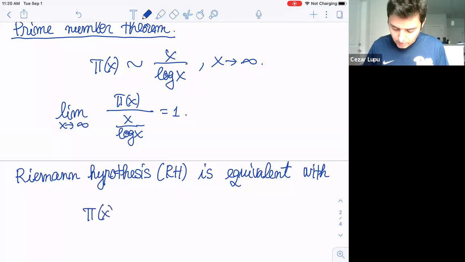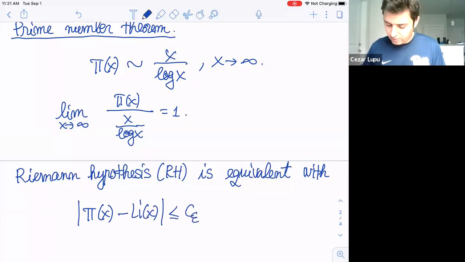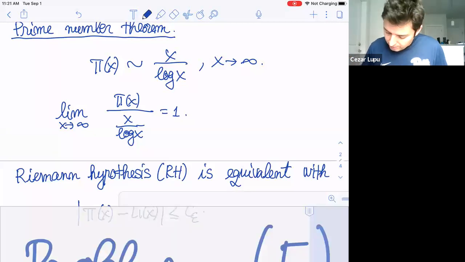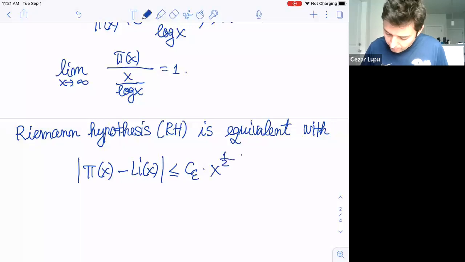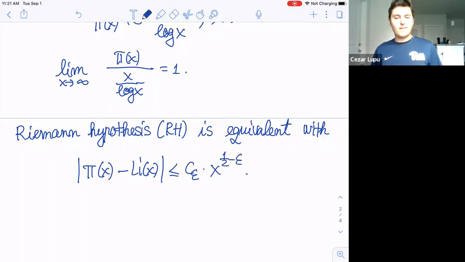I'm just going to write it in this way: pi of x minus Li of x is less than or equal to a constant, which depends on epsilon, times x to the power 1/2 plus epsilon. Yes, I think it's plus here. This is what the Riemann hypothesis gives you.